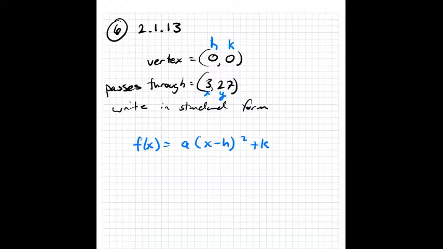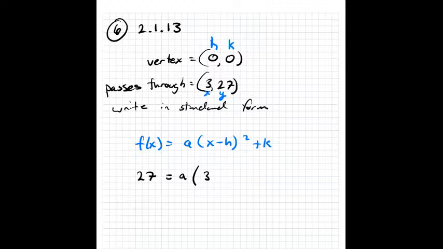So our y is 27. Let's bring down our equal sign. Y is 27. We don't know what a is, so we're just going to bring that down. X in this case is 3. Our h is 0, and our k is 0. All right. So that gives us 27 equals 9 times a.